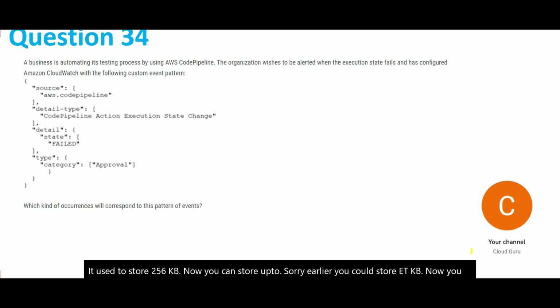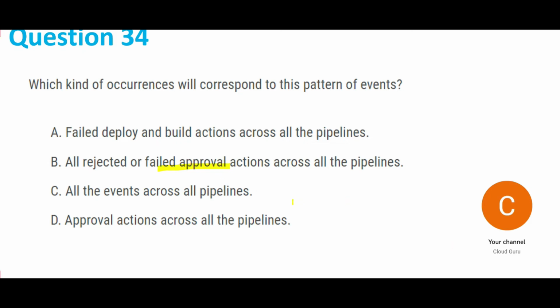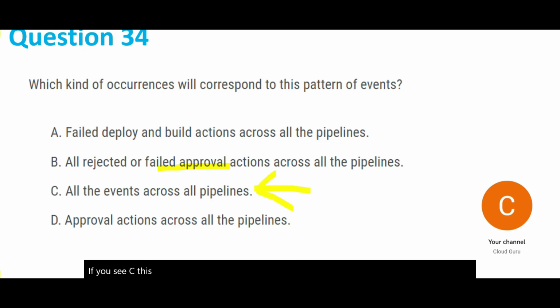Now let's look at this question. I will mark the first keyword, that is fail, the other is approval. And I'll look at where we have failed and approval both here. So this is my answer. See, C is wrong. It is saying all events.